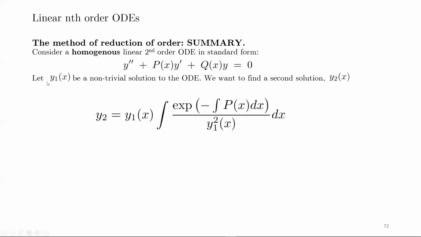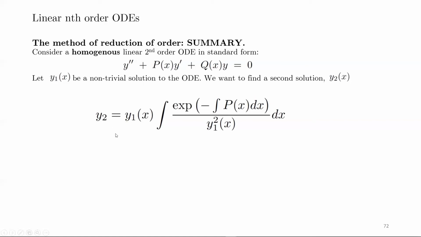Remember, somebody has given me y1, so I know what y1 is. P of x is just the term in the ODE which is multiplying y prime, so I know what this is. So as long as I can evaluate these two integrals here, I can always find the second solution.